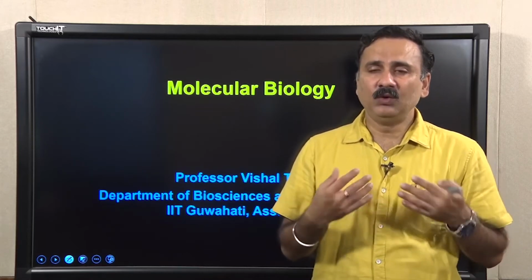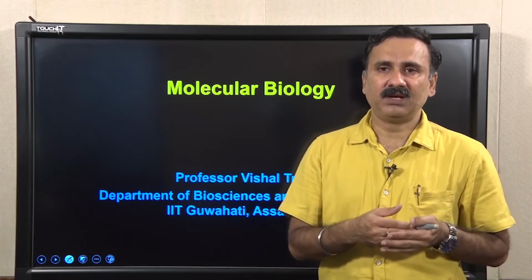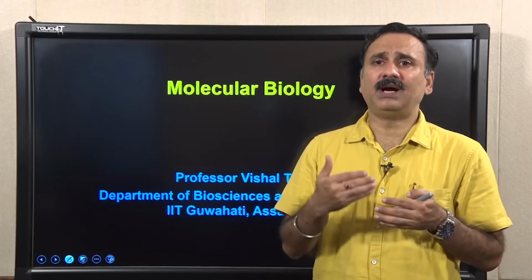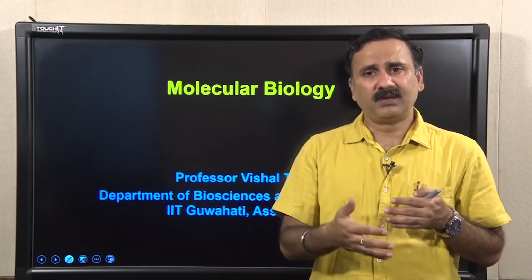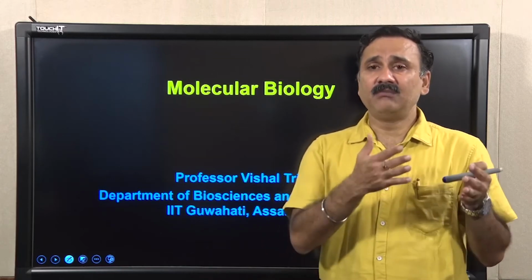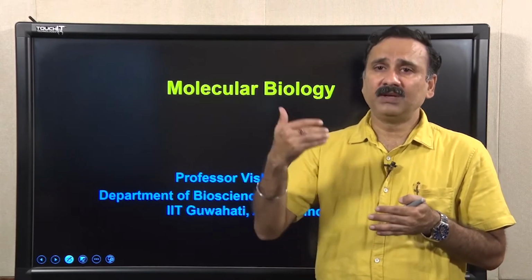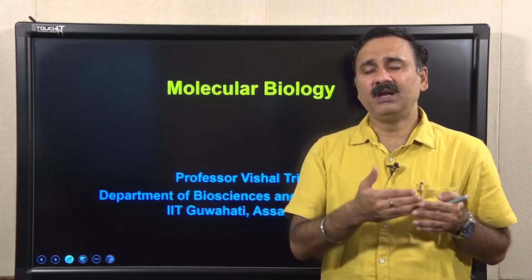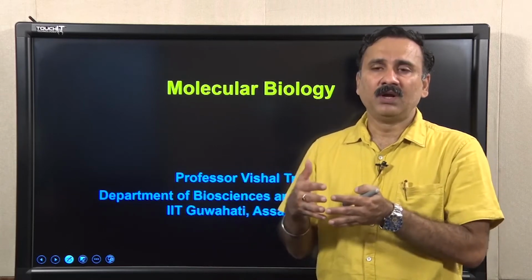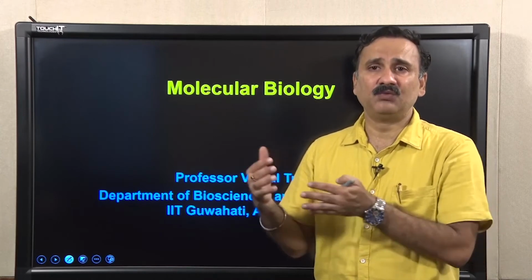Because we assume that the DNA polymerase what we are using, for example, the Taq DNA polymerase or the Pfu DNA polymerase, is giving you the identical sequence, but whether that is really the case, because if there are mutations, if there are replacements of some of the nucleotides from the template DNA, that may lead to a wrong amplification or the wrong synthesis of the protein, and subsequently it may affect the downstream work.